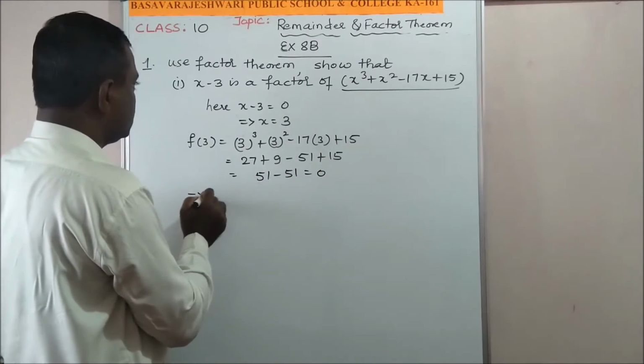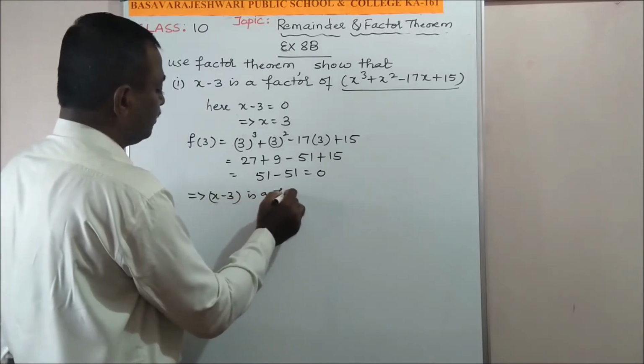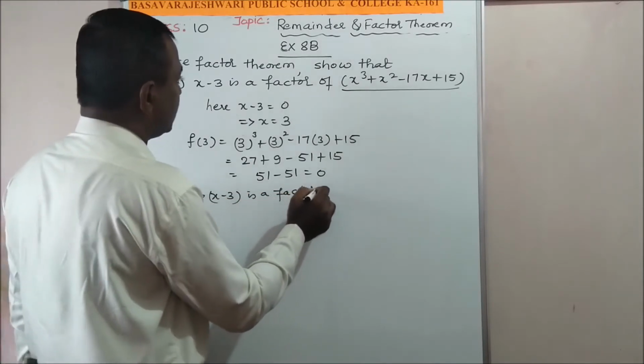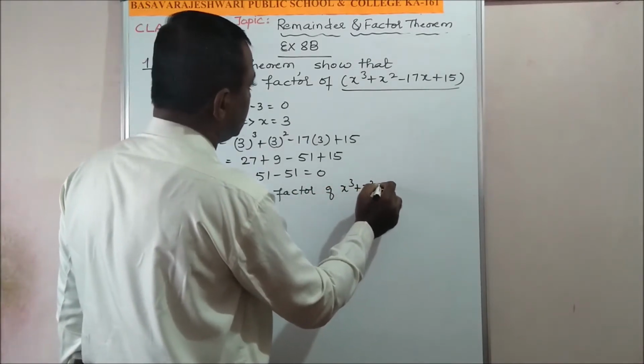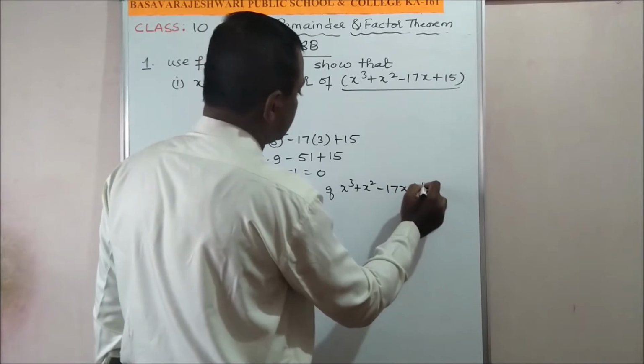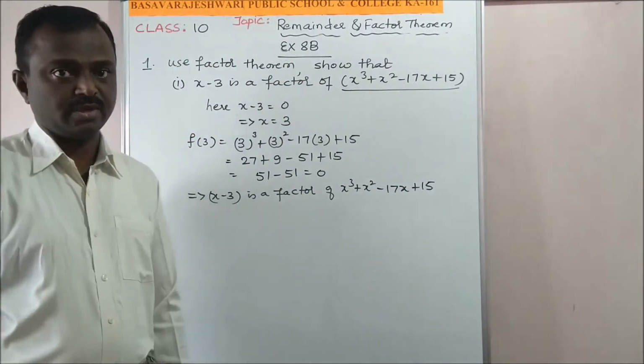So what does it imply? x minus 3 is a factor of x cubed plus x squared minus 17x plus 15. This is the theorem we applied.